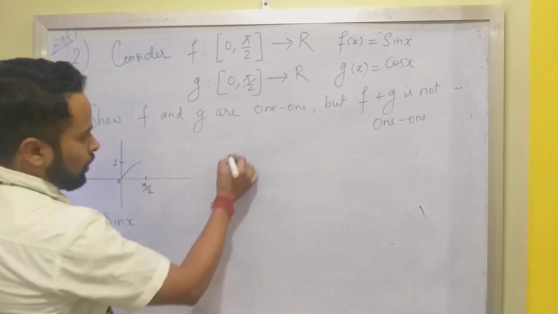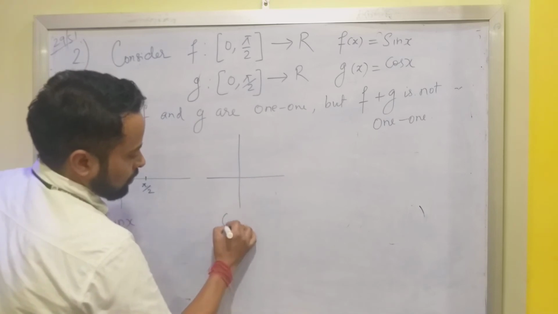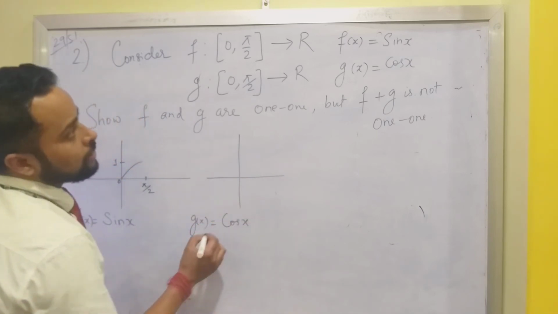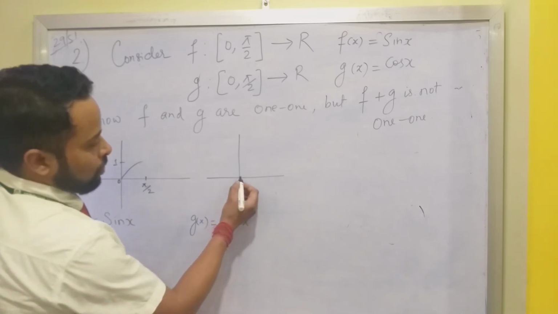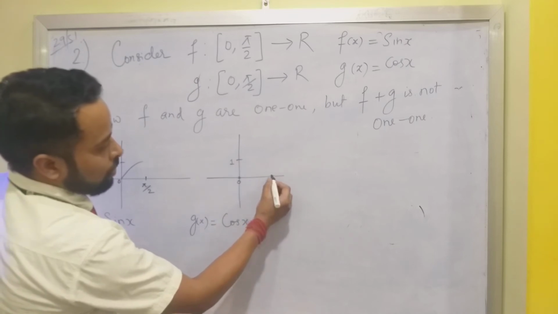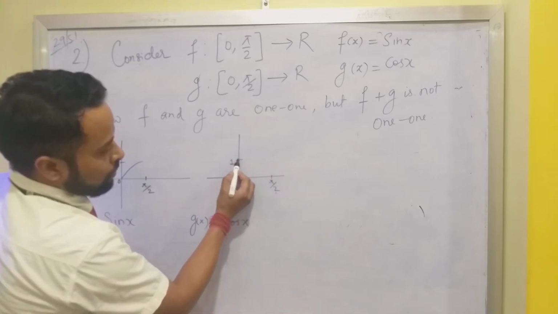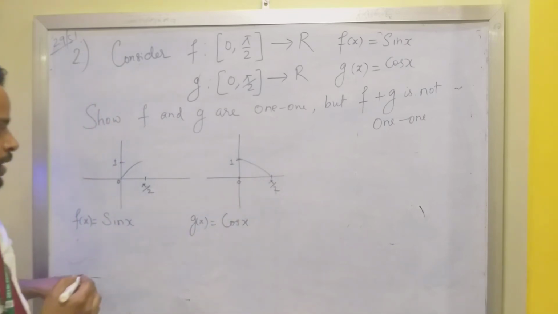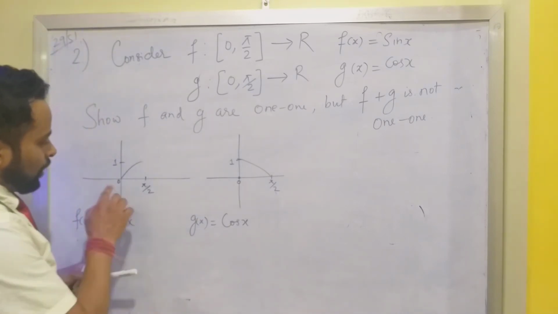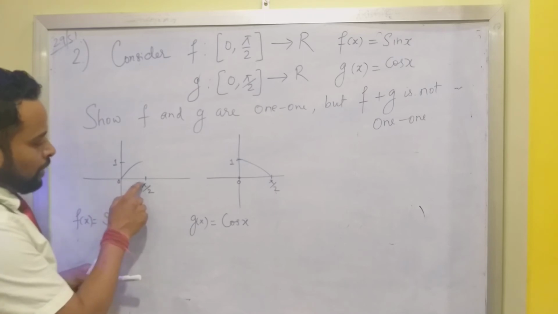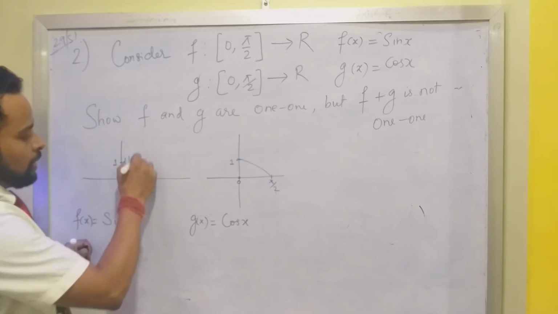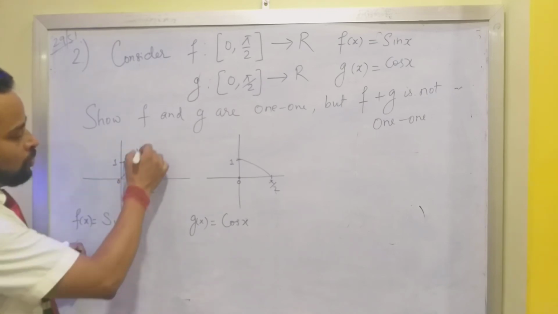And for cos x, g of x is cos x, and cos 0 is 1 and cos 90 is 0. So it will come this way. Now you can see, as I discussed in my previous class, for every input from 0 to pi by 2 there is a unique output. If I draw parallel lines, they will intersect the curve at only one point.